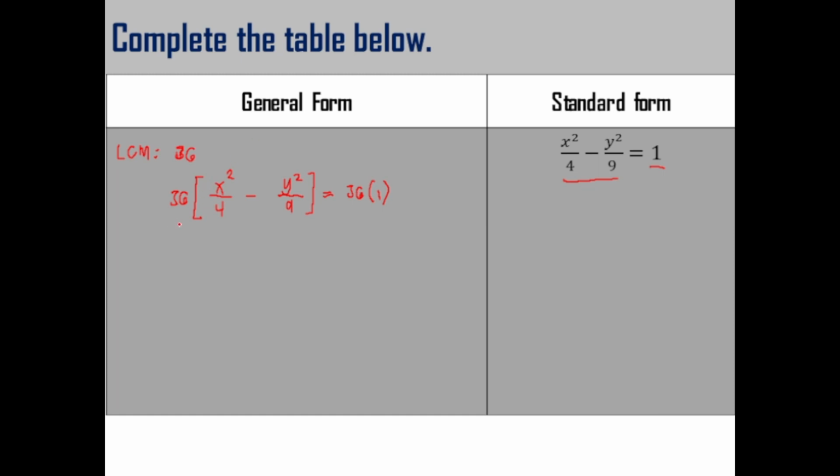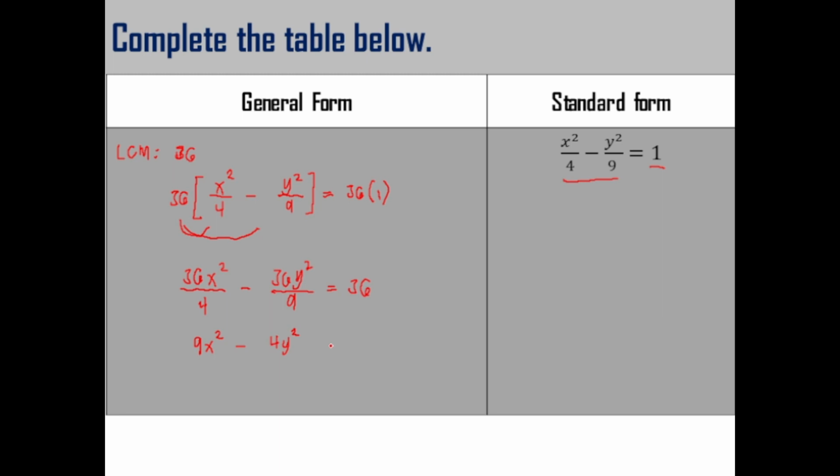So, distribute this 36. This becomes 36x squared over 4 minus 36y squared over 9 equal to 36. 36 divided by 4 is 9, so this becomes 9x squared minus 36 divided by 9, that's 4, 4y squared.